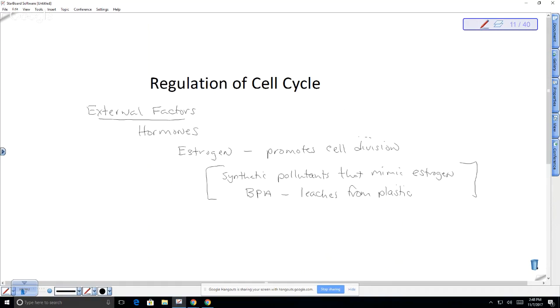We use plastic test tubes. And she was noticing that it didn't matter if she added estrogen to them, the cells in the plastic containers were undergoing cell division regularly. And so she hypothesized that it had to do with something coming out of the plastic test tube and causing the cells to divide. And when she published this information, it was huge.